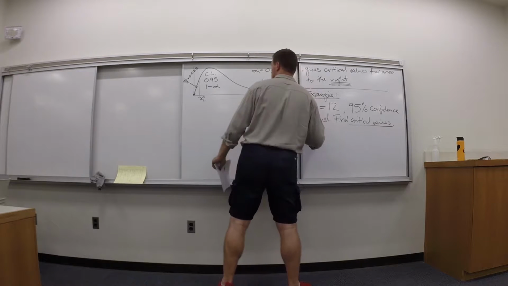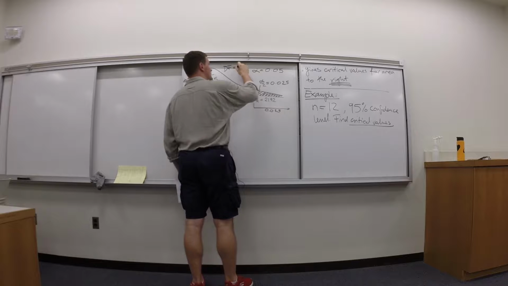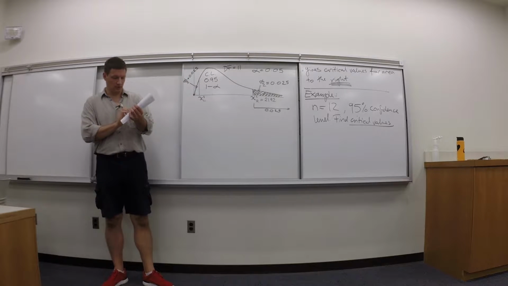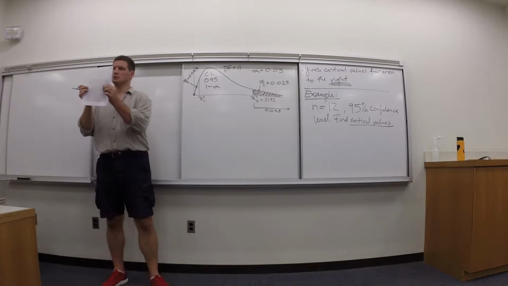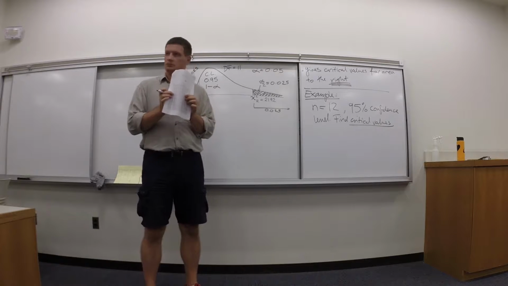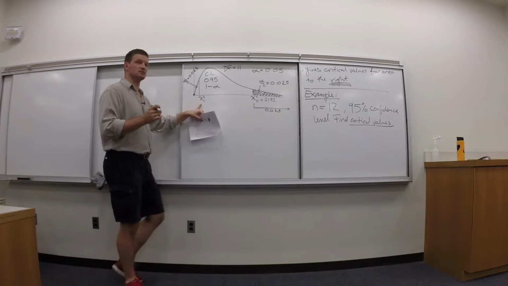So in our case, df, degrees of freedom, is n minus 1, so df would be 11. If you go down to 11, got it? Good. Everybody else with me? Yes? Good. So how do we find this one?